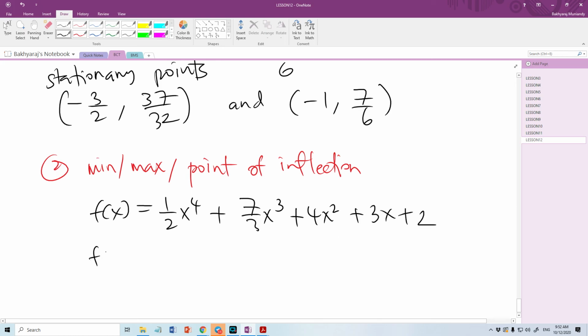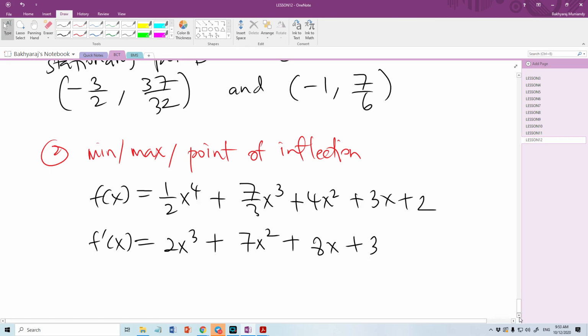So your first order you'll get just now is 2x power of 3, 7x power of 2, 4x, 8x, and plus 3. So kita dapat ni. Okay, and then go for the second order. Second order will give you what? Okay, second order will give you 6x power of 2 plus 14x plus 8.